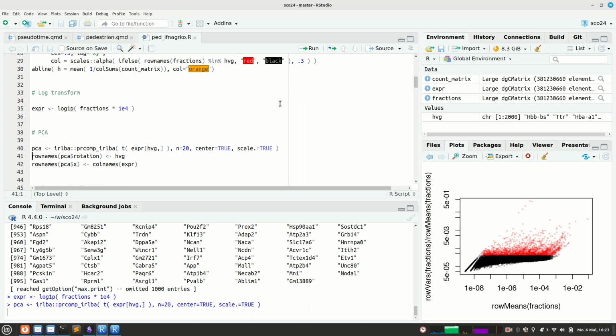And now we go to the PCA. And I calculate the first 20 PCA components of this expression matrix. And in order to make sure that this takes only a minute and not an hour, I take only these top 2,000 genes, which actually vary from cell to cell.